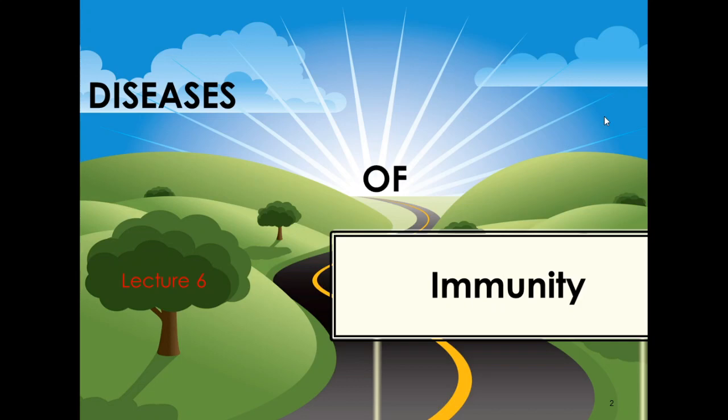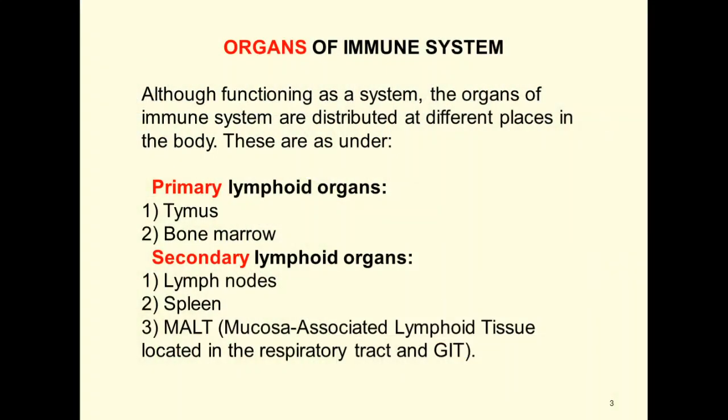To start with, I'd like to remind you of the main or basic points of the normal structure of the immune system and even the normal immune response. So, organs of the immune system: as you see, we have two main groups, primary and secondary. I'm sure you already know this information, but anyway, I'd like to remind you.